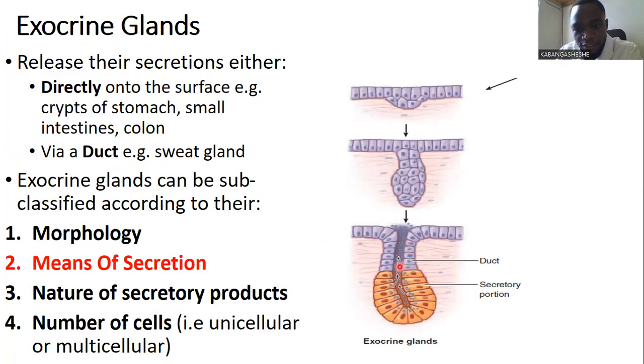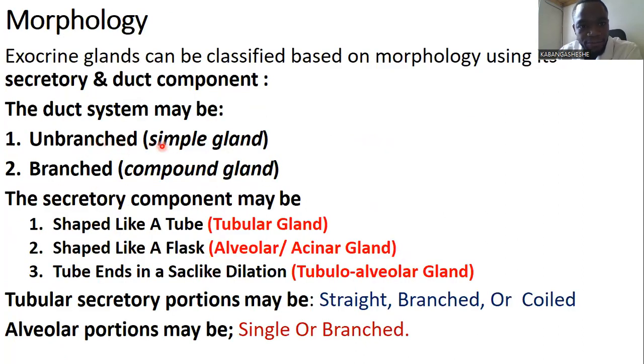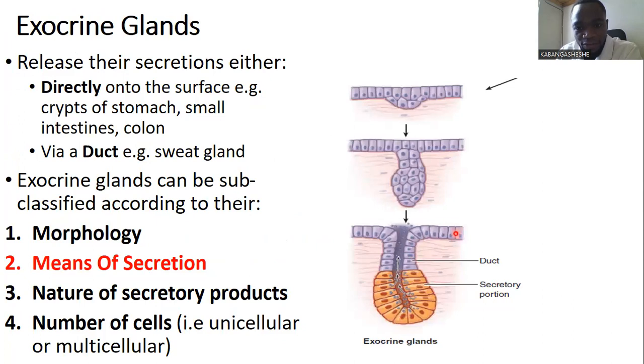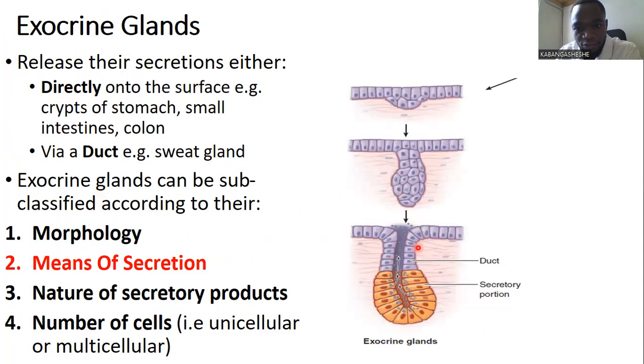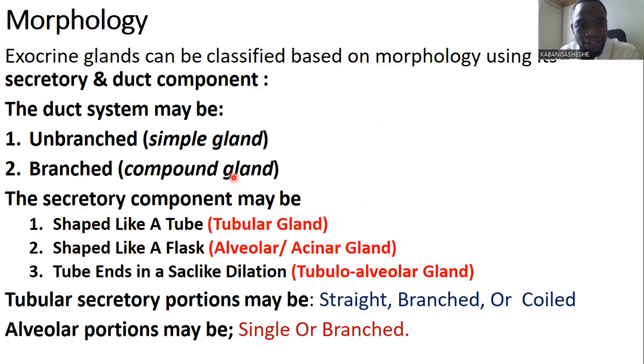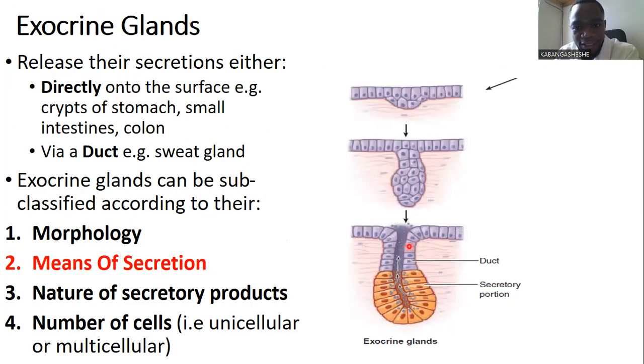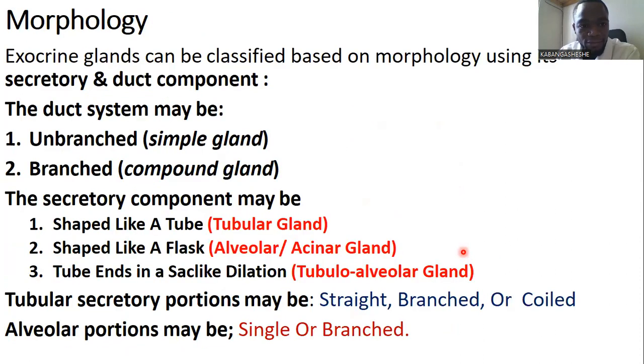If a gland has one duct, we call it a simple gland. If a gland has more than one duct, which we're not showing here because we don't have one, we call them compound glands. So that's the first system we look at. How many ducts are there? One duct, simple. More than one, compound or branched duct.